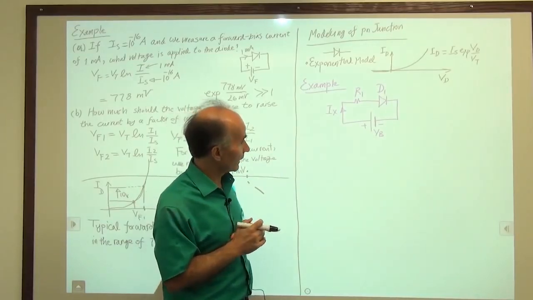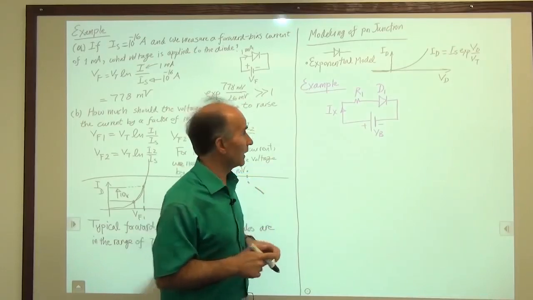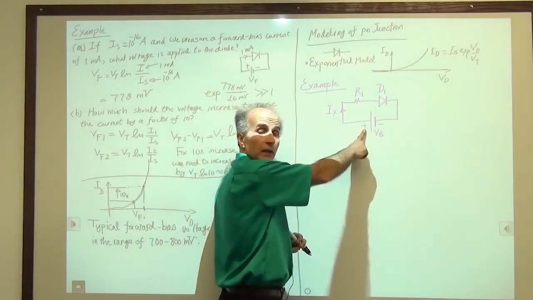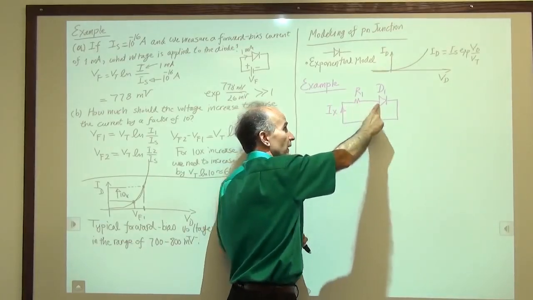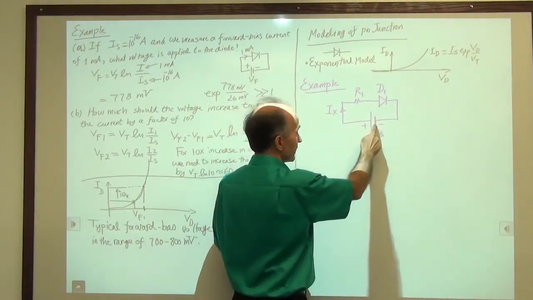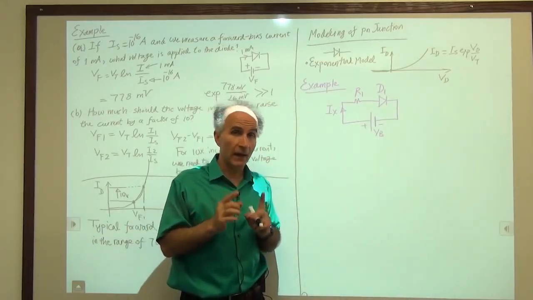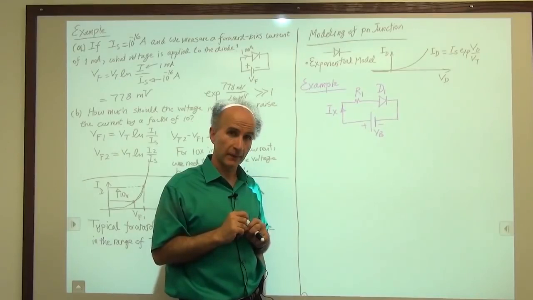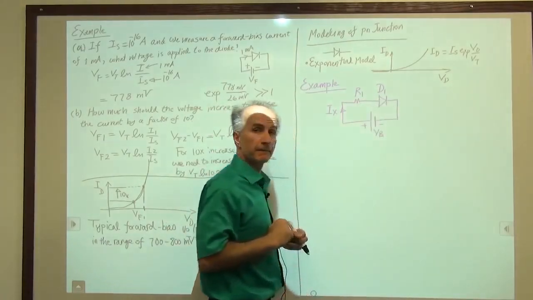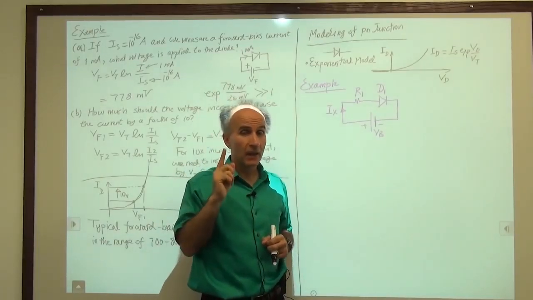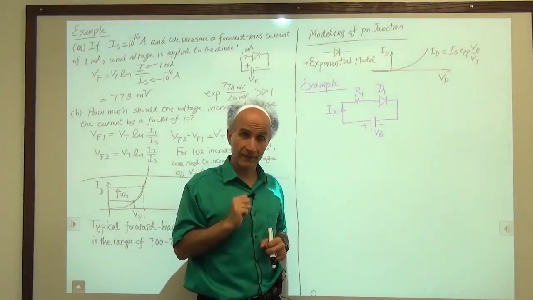All right, so we look at the circuit, we look at the battery and how it's connected to the diode. We say, well, the positive side of the battery is connected through a resistor to the diode, and the negative side is connected to the diode. So it is likely that the diode is forward biased, because this positive wants to go all the way to the diode. So we guess that the diode is forward biased. We don't know, but we guess.